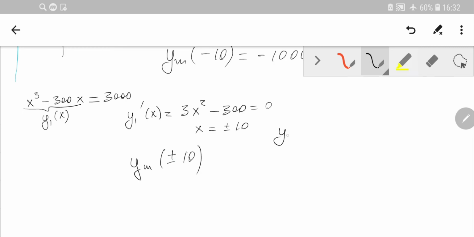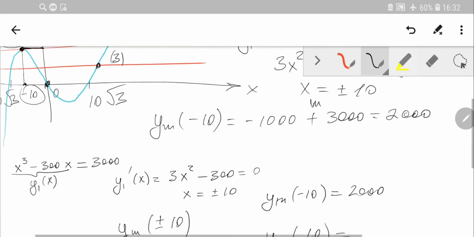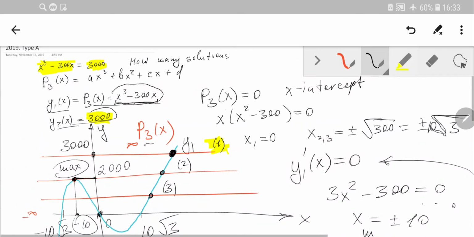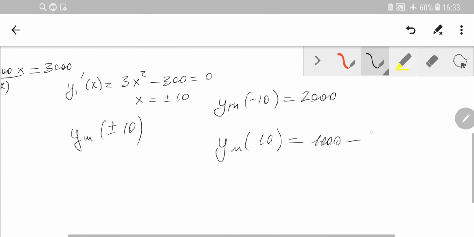In the first case, when you plug in negative 10, you will get 3000. In the second case, when you plug in 10, you'll get x cubed, that's 1000, minus 3000. So we'll get negative 2000.